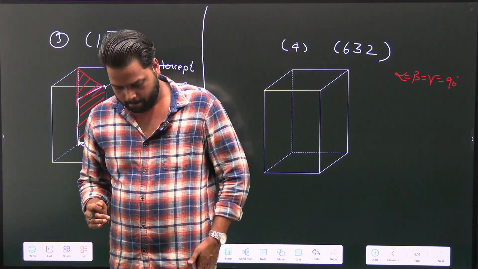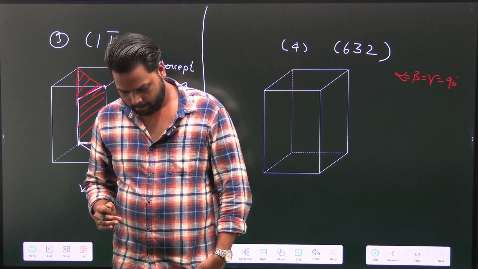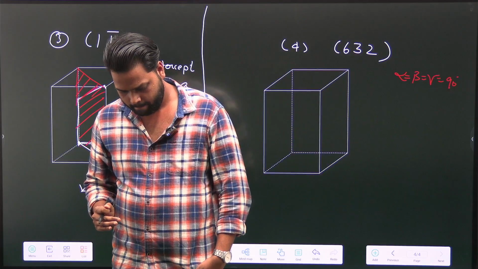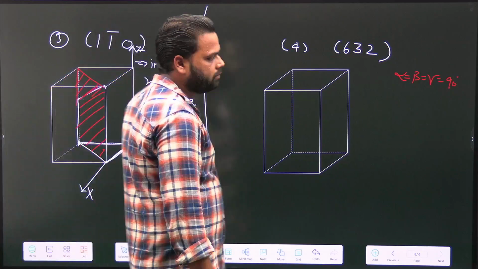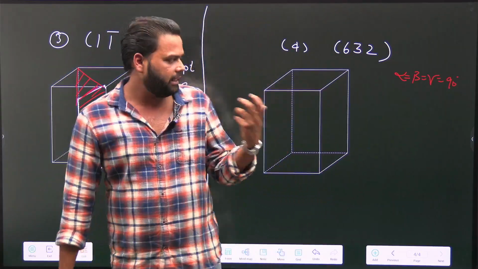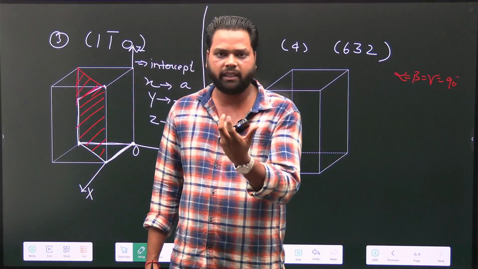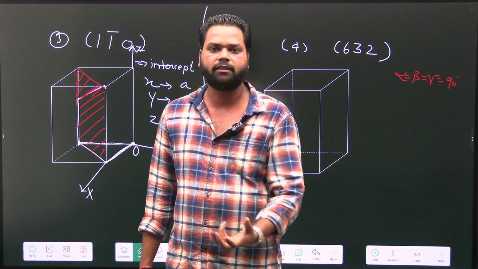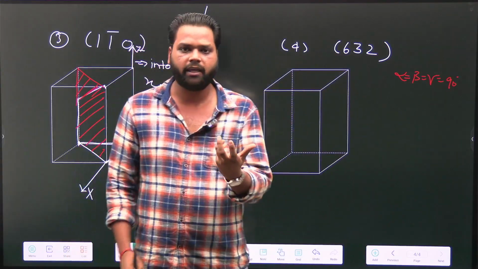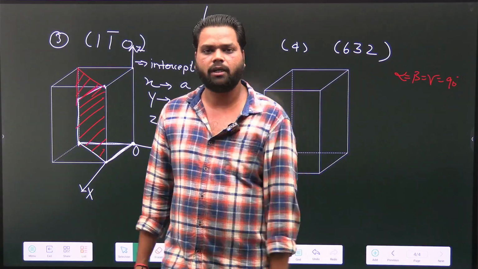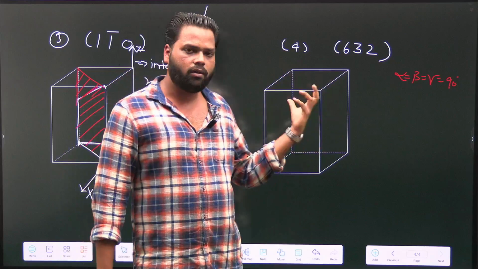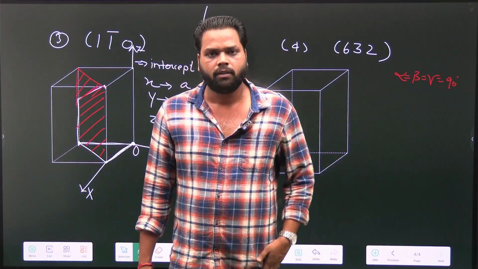When you get the system, you will get the property of that system. आपको पता होगा कि ये cubic है, या tetragonal है, या orthorhombic है, जो भी है वो आपको पता होगा पहले से ही. Here we are discussing all about the cubic lattice. Okay?